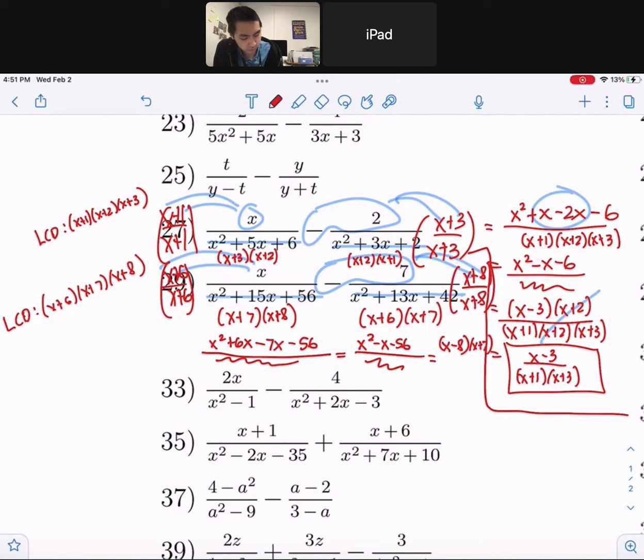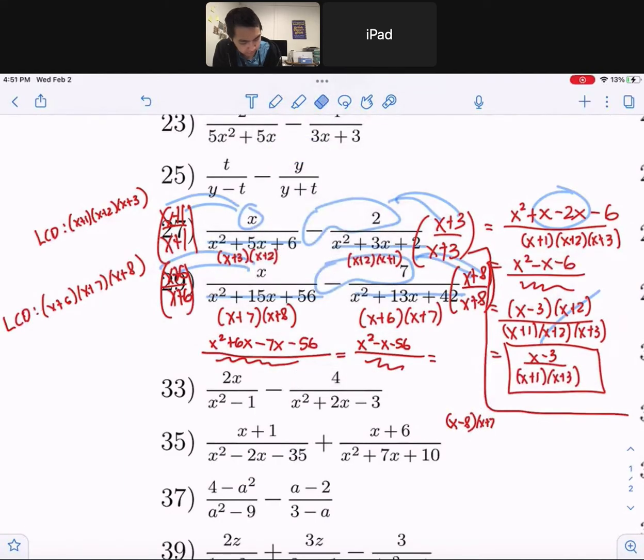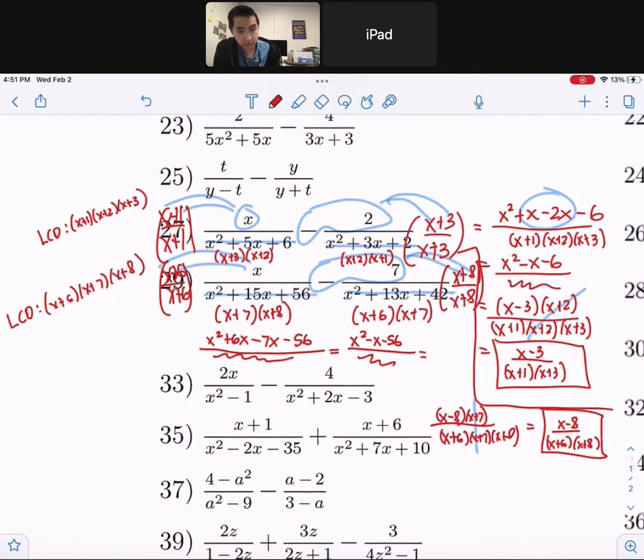And this is all over the LCD of x plus 6, x plus 7, all over x plus 8. And notice, the x plus 7's cancel. So we just have x minus 8 all over x plus 6 times x plus 8. Okay, so that's 29.